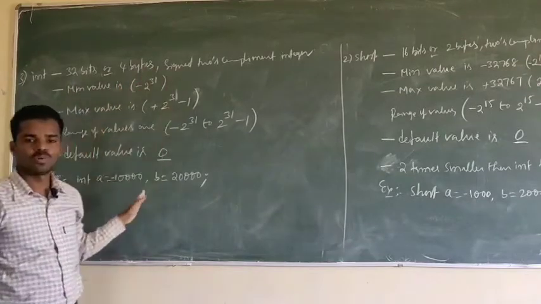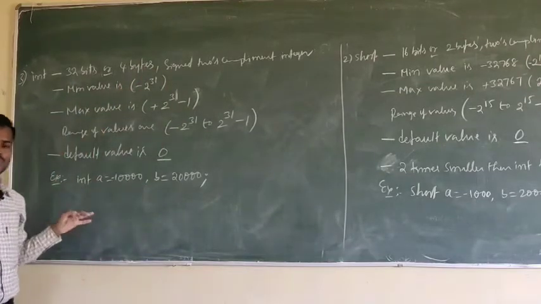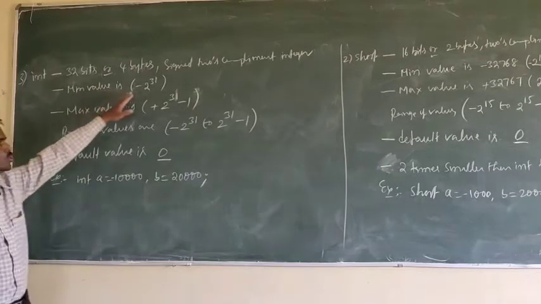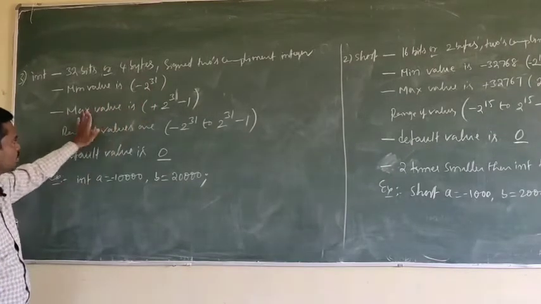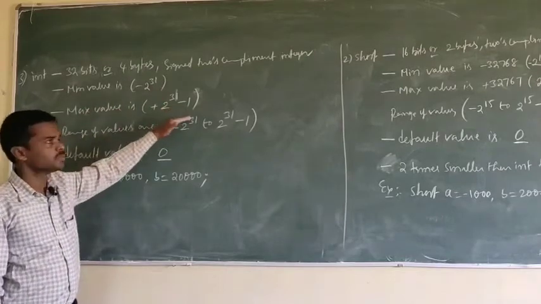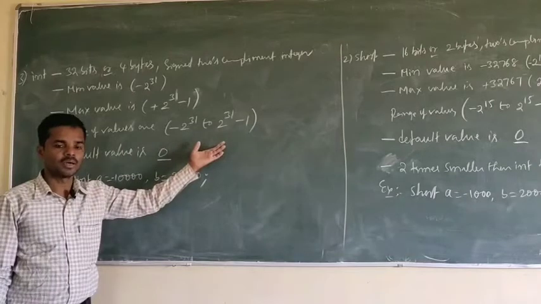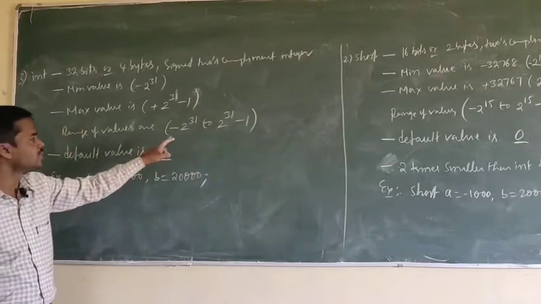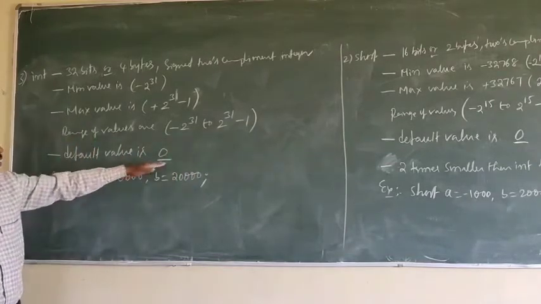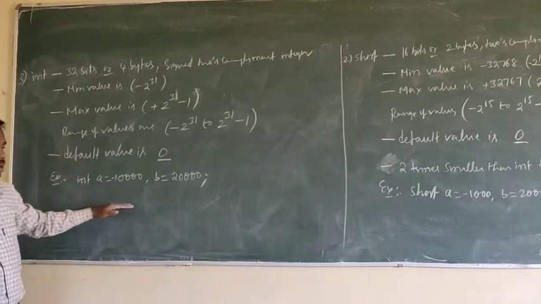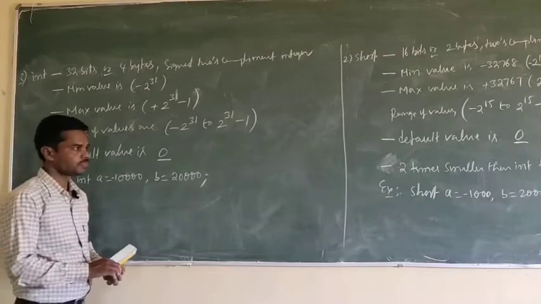It can store both positive and negative numeric values, and the minimum value is minus 2 to the power of 31 and the maximum value is 2 to the power of 31 minus 1. This is the range of values it is allowed to store in the int type, and the default value is 0, and this is one example for using the int data type.